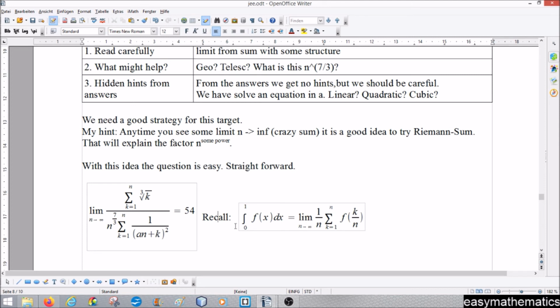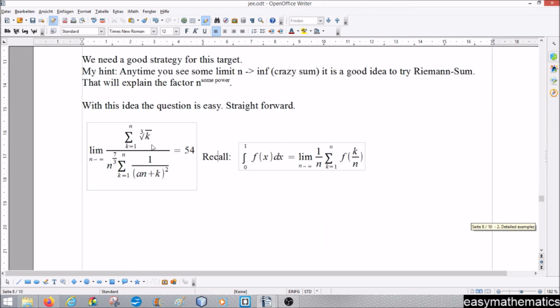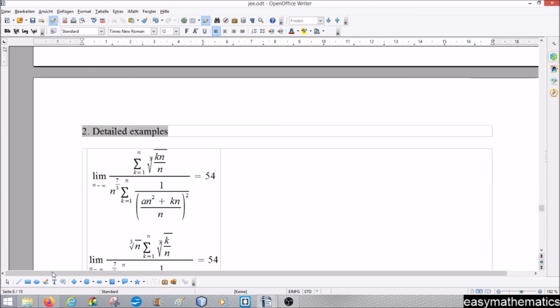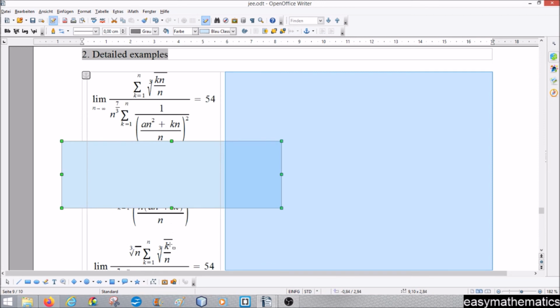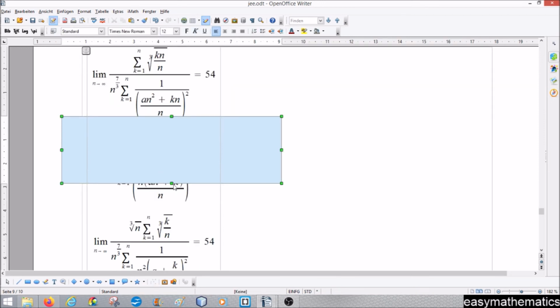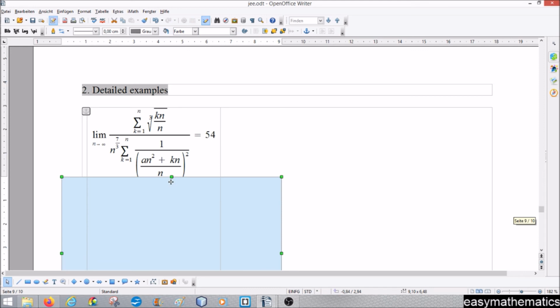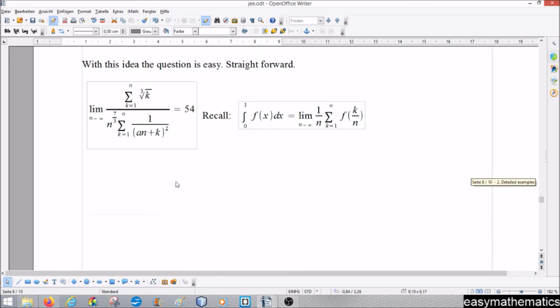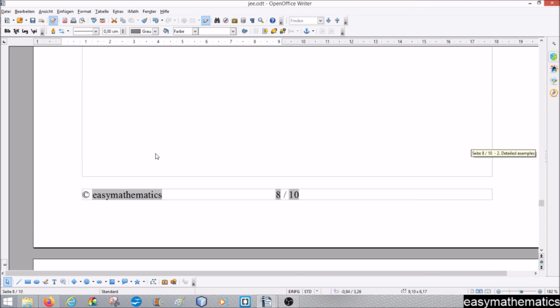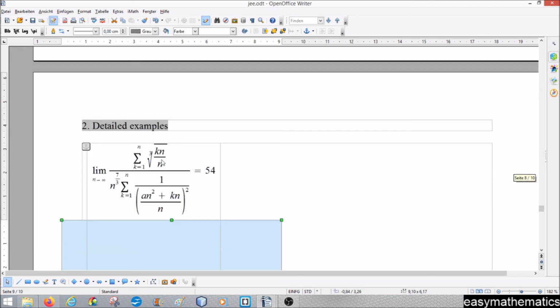Okay, so we take a look at the numerator and the denominator, and we will see what's going on here. First, in the numerator I extend the k via n over n.